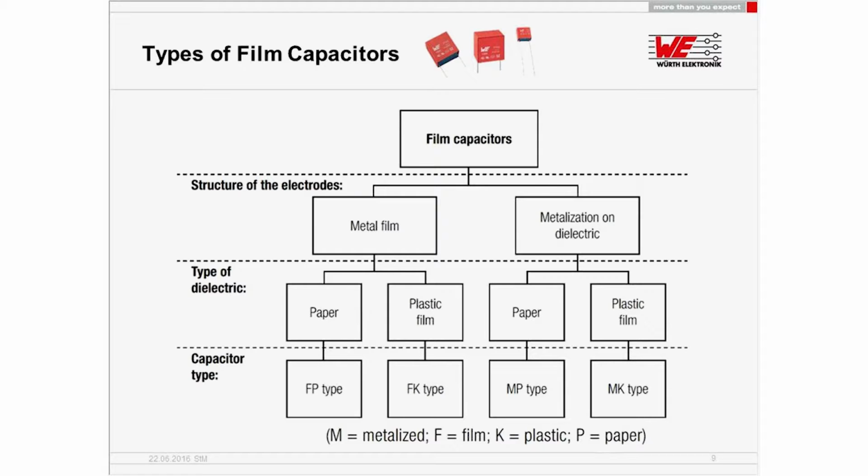What you do in case of this type on the right hand side, so you metallize a layer of aluminum or zinc or a mixture of it on paper and or on a plastic film. And so you take two pieces of paper metallized or two pieces of plastic metallized on one side and place them over each other, and you can wind this, and so you get your metallized capacitor. In this case, you can separate between MP or MK depending on usage of paper or plastic as dielectric.